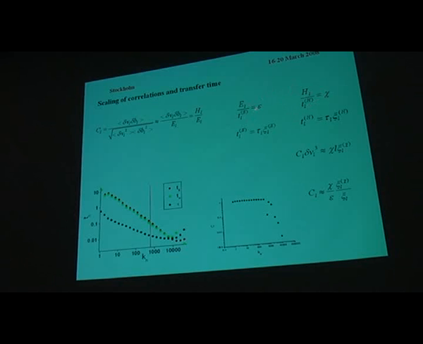So we can write the same ratio for the energy and for the cross-helicity. In general, the characteristic time for cross-helicity transfer can of course be different from the time of energy transfer, so we can write a similar formula for both transfer processes.